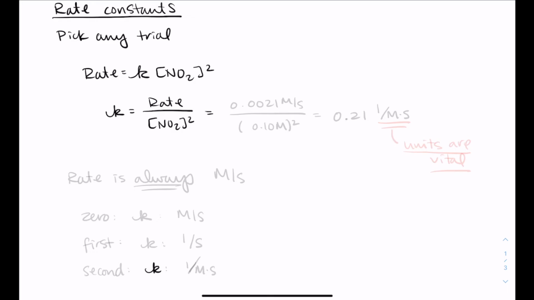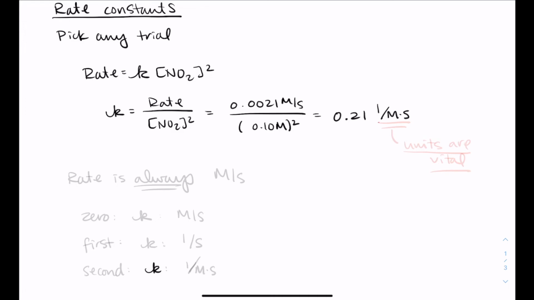So for any trial, you will know the rate and you will know the concentrations. So the rate constant is the rate divided by, in this case, NO2 squared, but in every other case, divided by whatever those concentrations and dependencies are.